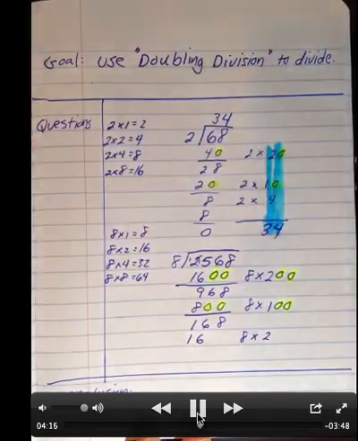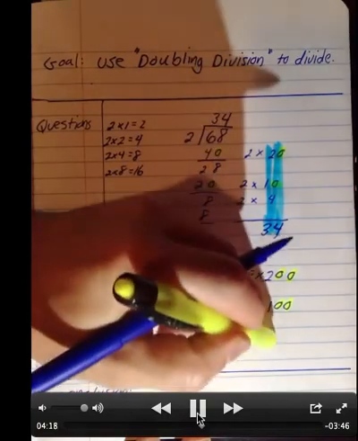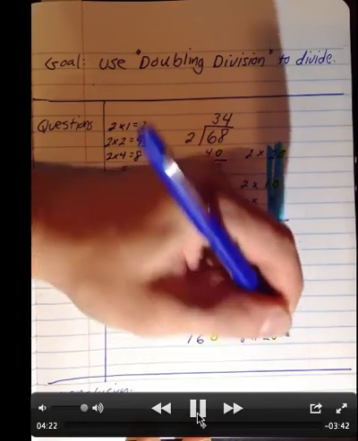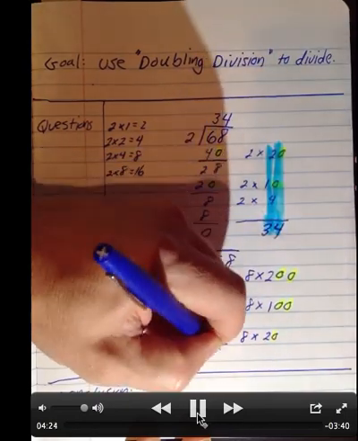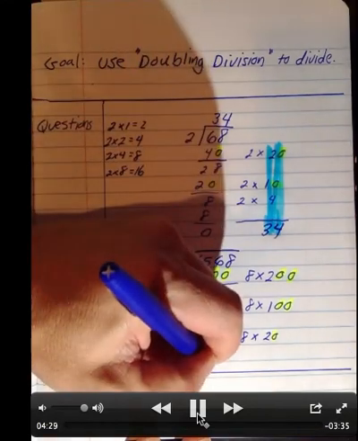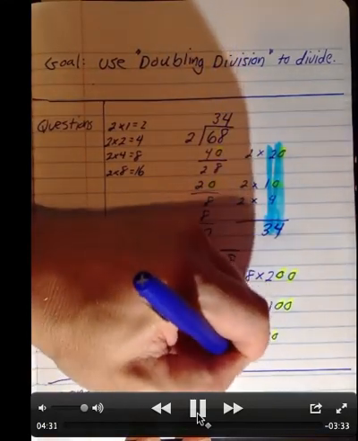But if we multiply that by 10, we have 20 groups. We have just 8 left over, so that's just one more group of 8.